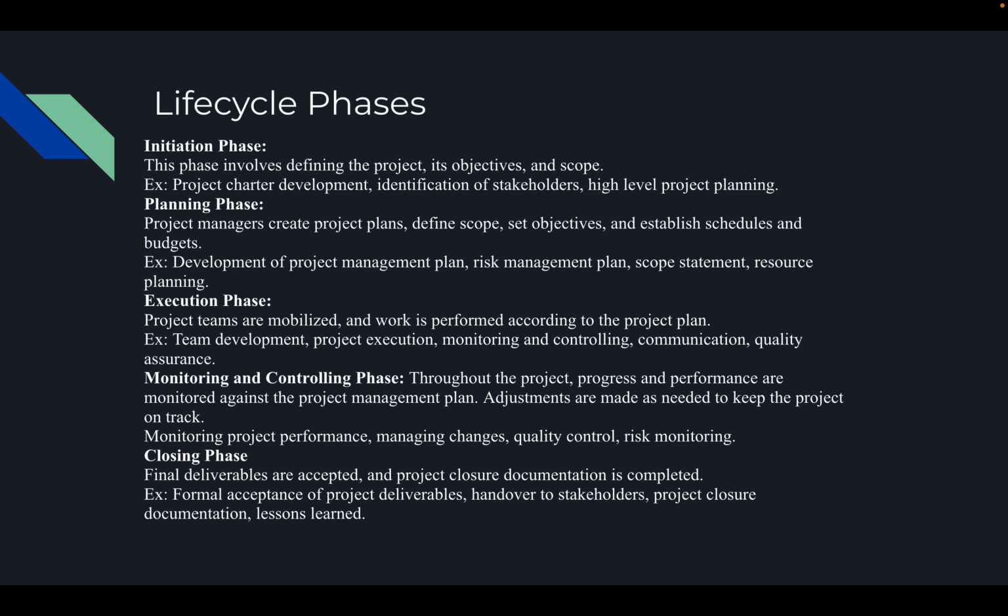Monitoring and controlling is done alongside the execution phase because the team is looking over the process and the performance, making sure everything runs smoothly, and adjustments can be made along the way if any problems come up or if the stakeholders have any changes they want done.